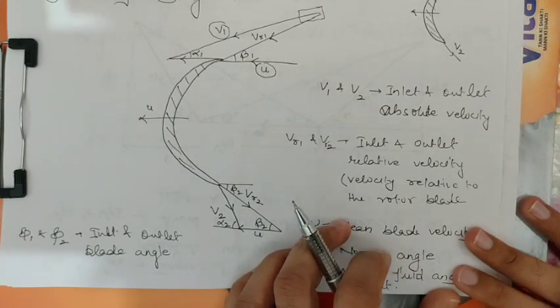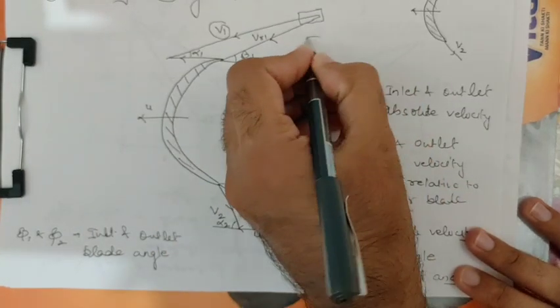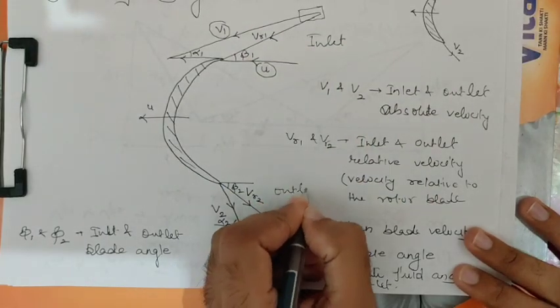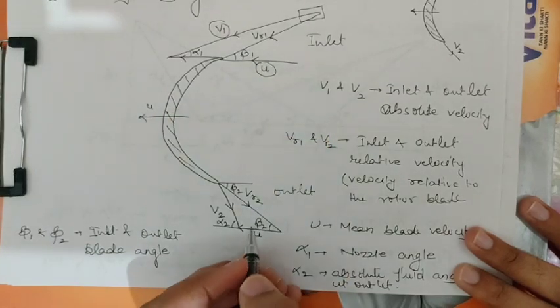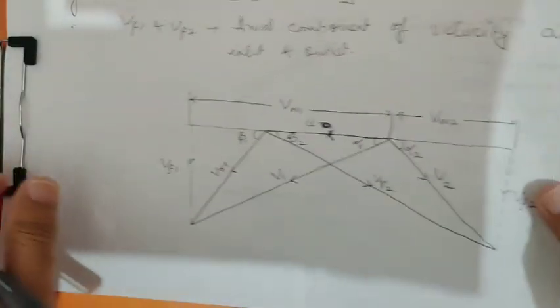So we can make a combined velocity diagram of inlet diagram and outlet diagram. We can combine it because this U is common in both. So we can draw a combined velocity diagram.